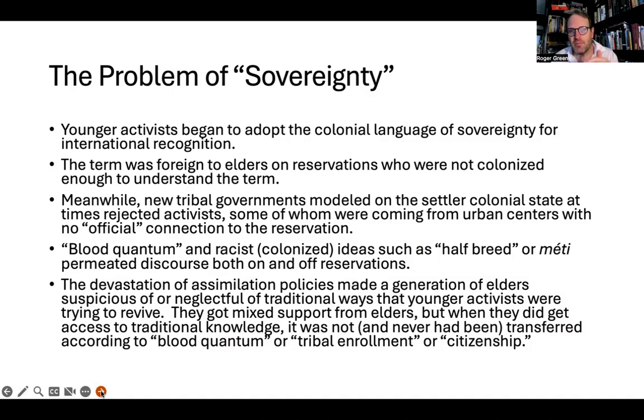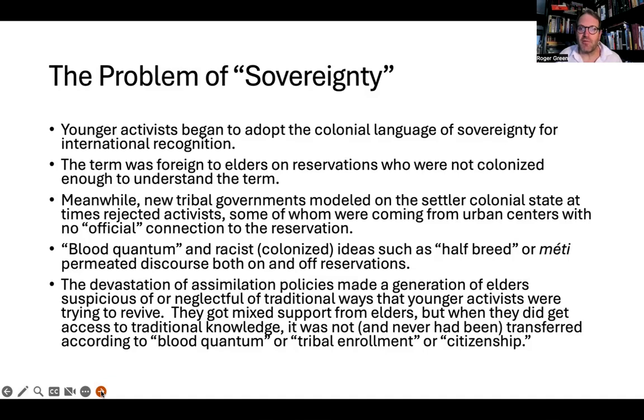But the younger people did it without being fully conscious of the fact that the term sovereignty only makes sense within Euro-Christian legal practices that go back to before the United States government existed, right? So the term was totally foreign to native elders on reservations who were not colonized enough to understand what the term even meant. So it created confusion.